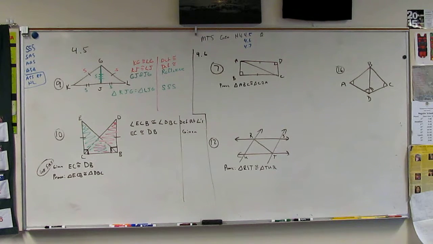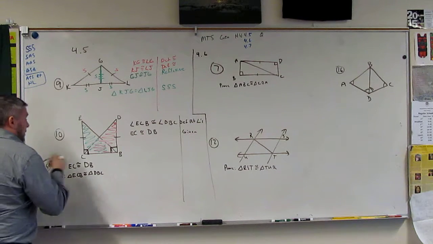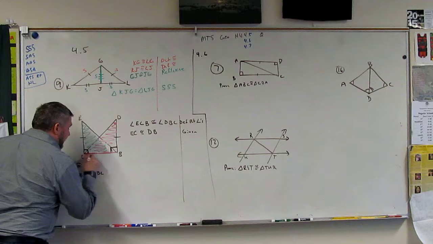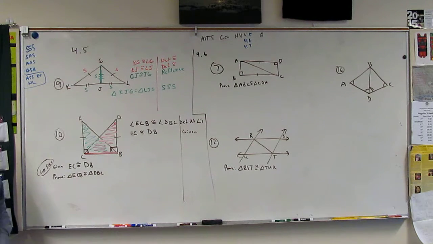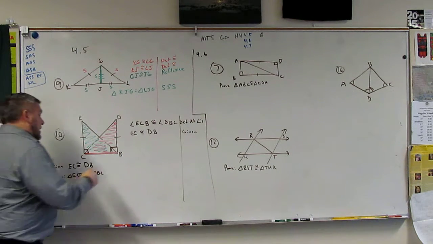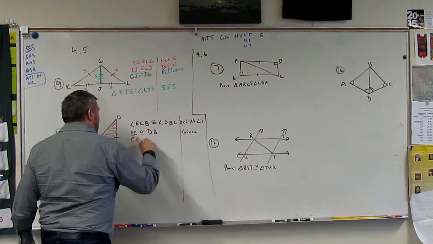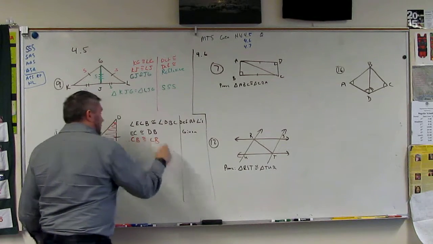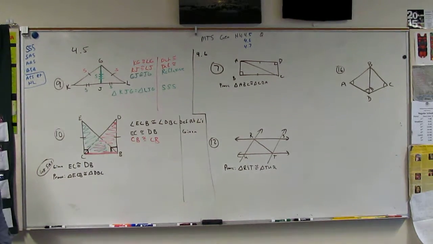But what we do know is this side is the same for both of them. So CB is equal to CB. And that's called reflexive.